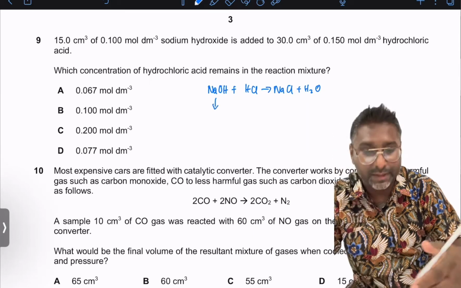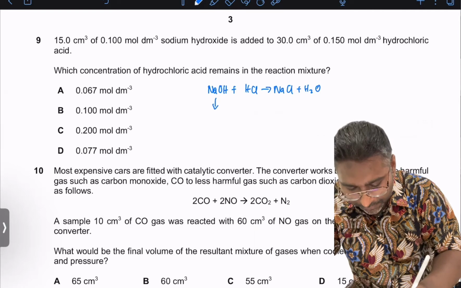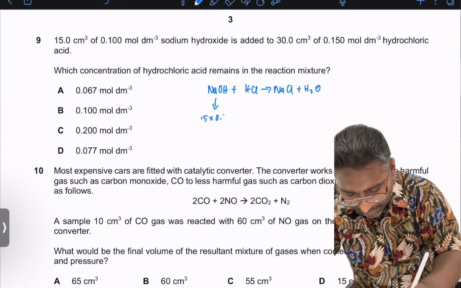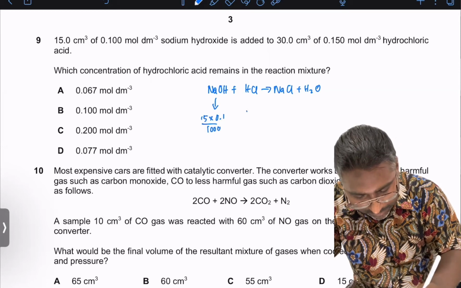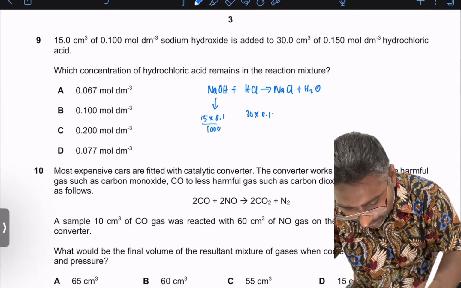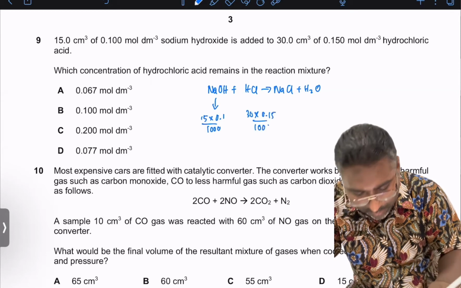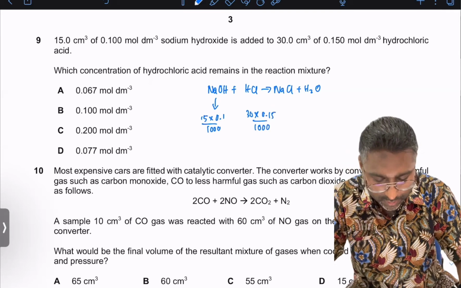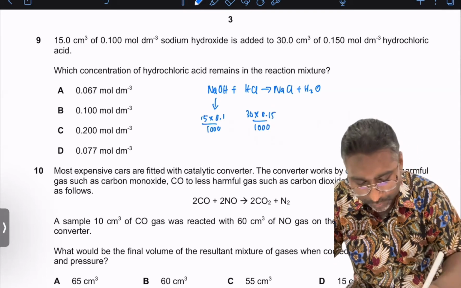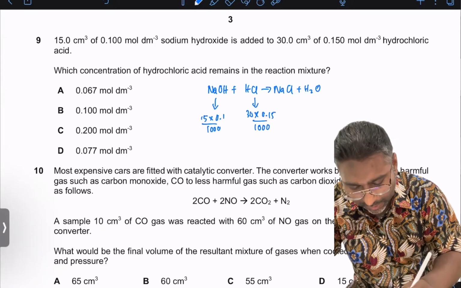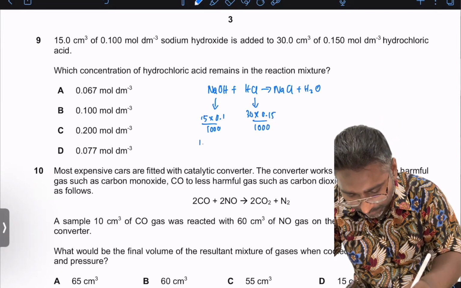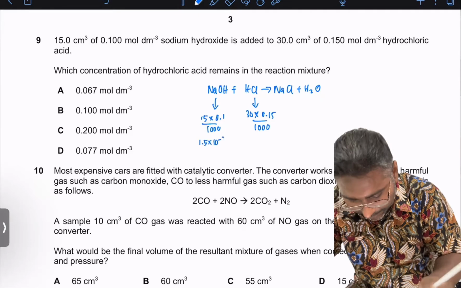What you need to do is find the number of moles first. 15 cm cubed, you divide by 1000, and HCl 30 times 0.15 divided by 1000. Find out the number of moles we are talking about. The number of moles here is 1.5 times 10 negative 3.